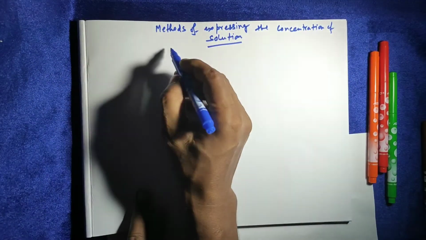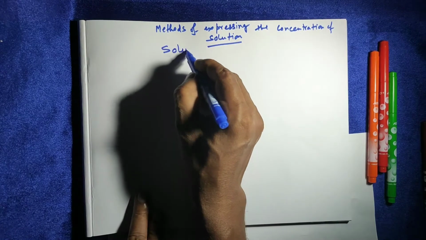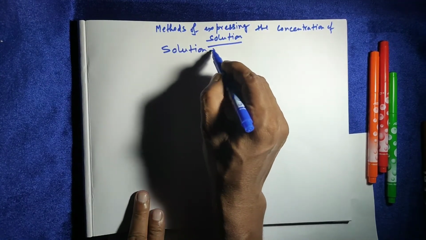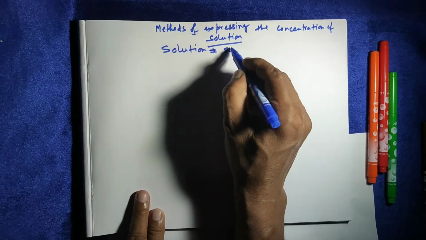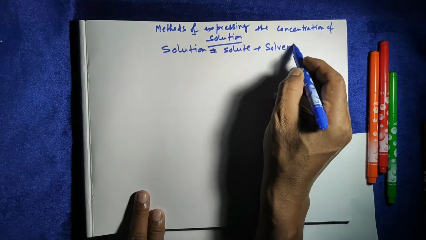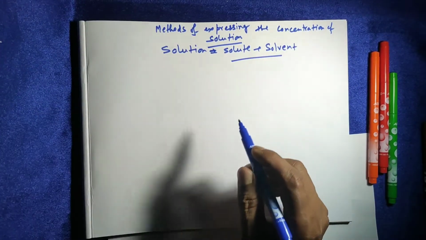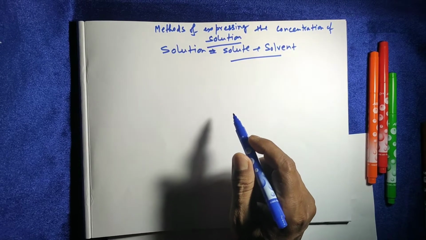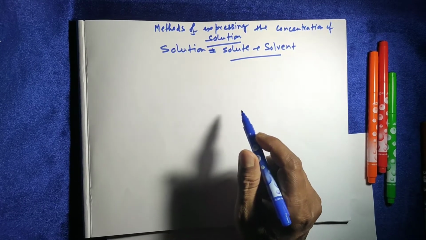We know solution is a binary mixture. Solution is equal to, we can say, solute plus solvent. This is basically a homogeneous mixture of solute and solvent. In my previous class I discussed it.